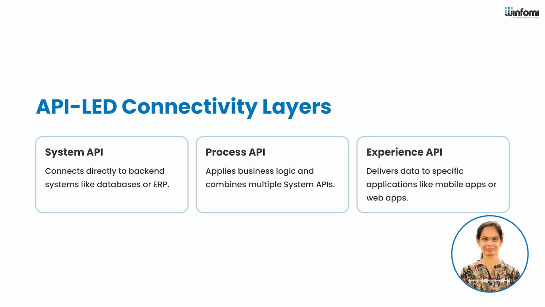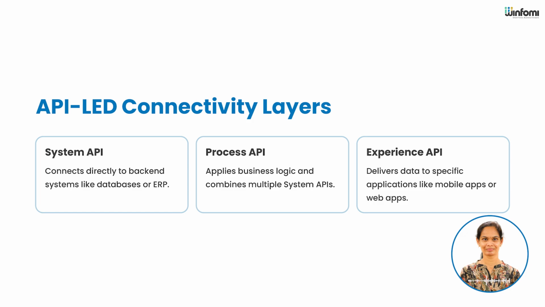These APIs combine and process data from different system APIs based on business logic. The third layer is experience APIs. These APIs deliver the processed data to different applications like mobile apps, web apps, or partner systems, depending on what they need. By separating APIs into these three layers, MuleSoft makes integration easier to maintain and more reusable.